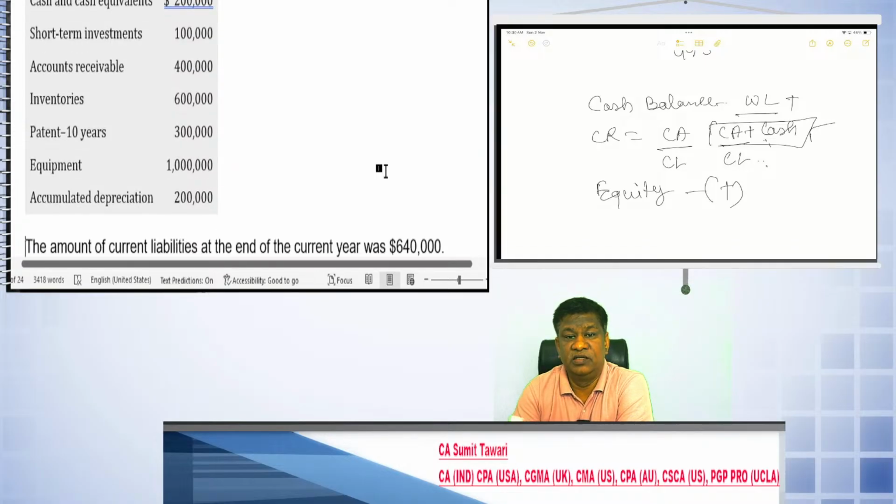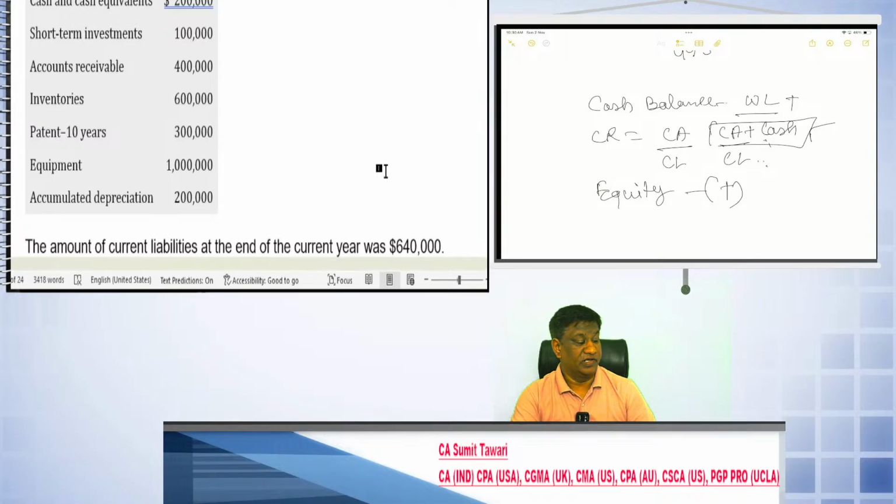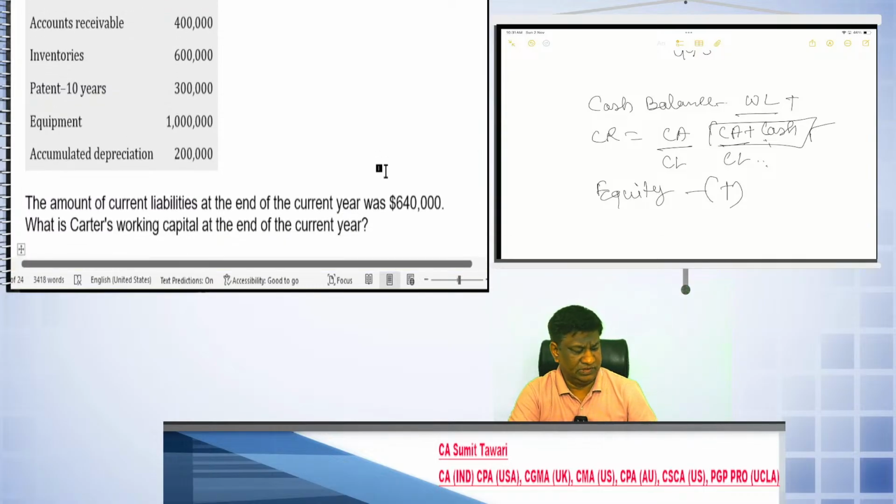So you need to select which assets you need to consider for calculating the working capital. 6 lakh 60, sir.